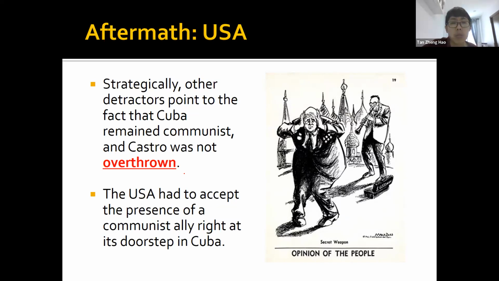Although Cuba is no longer a threat without the nuclear missiles, it's still very anti-US. So it's not a 100% victory for the US. And you have to accept that you now have a communist country right at your doorstep. So the USA won some, and the USA also lost some, if you think about it.